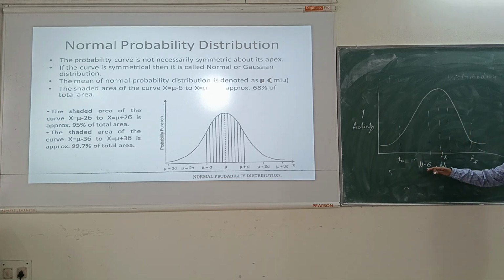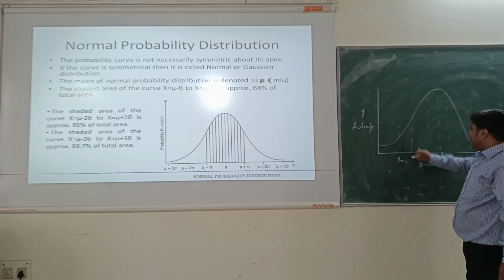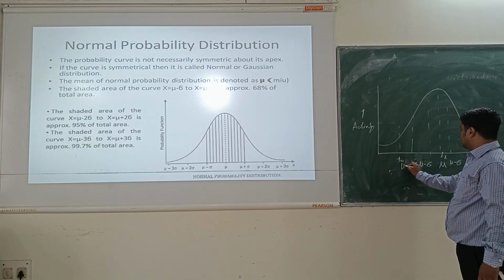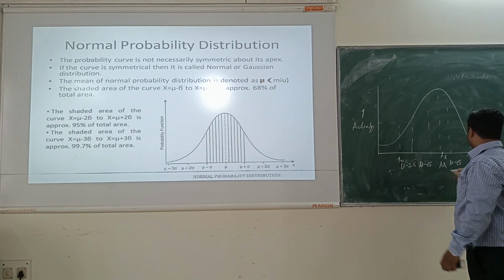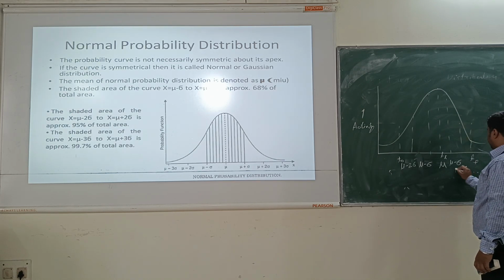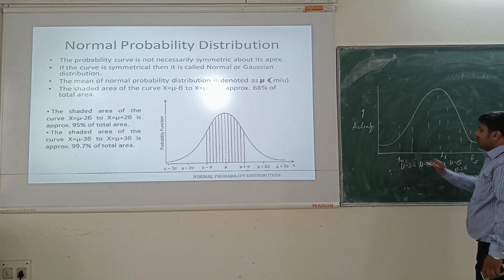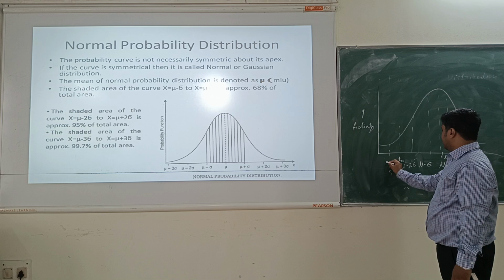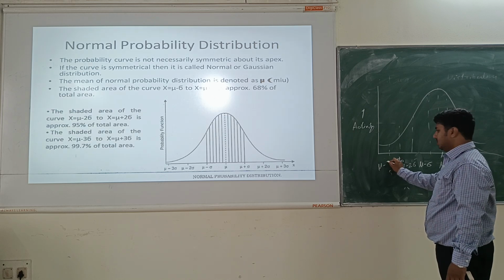Here on the left will be less than the one part, that is mu minus sigma, and when we go beyond it will be mu minus 2 sigma, and on the farther corner it will be mu minus 3 sigma.